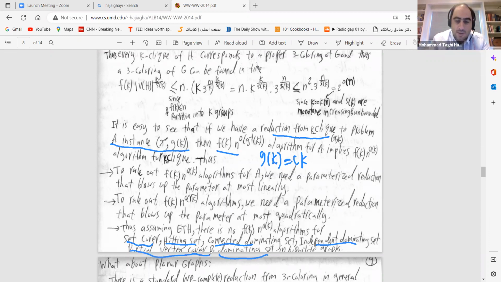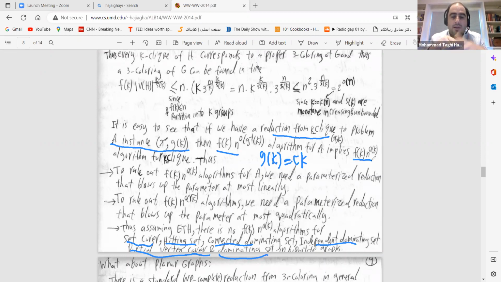So these are a set of problems for which there is such a reduction. When you reduce K-clique to, for example, K dominating set, we discussed that dominating set is a harder problem than clique or independent set. So when you do the reduction, g of k would be c times k. So in that case, it means that there is no such algorithm also for these problems.